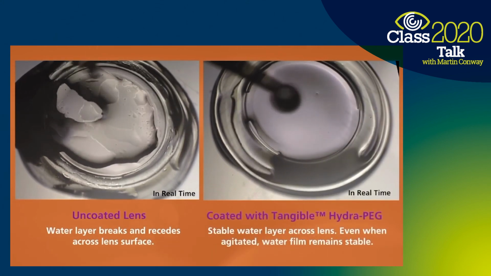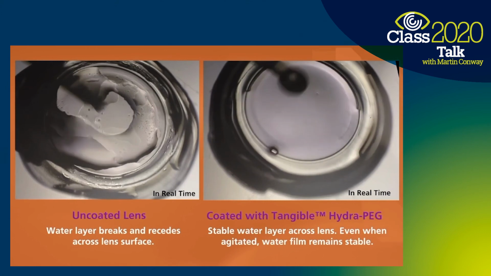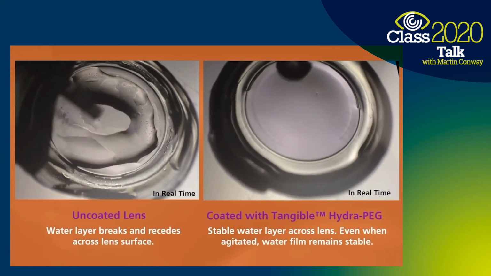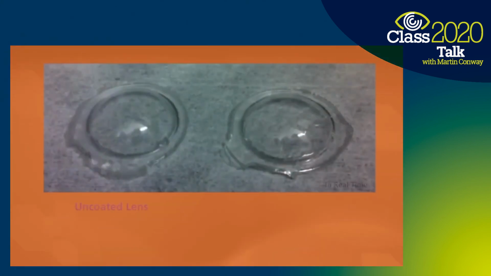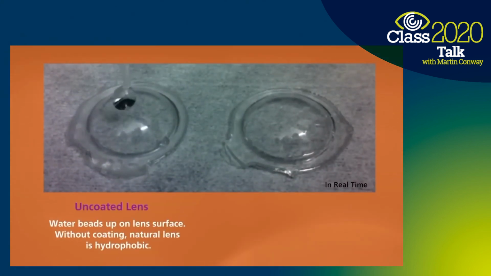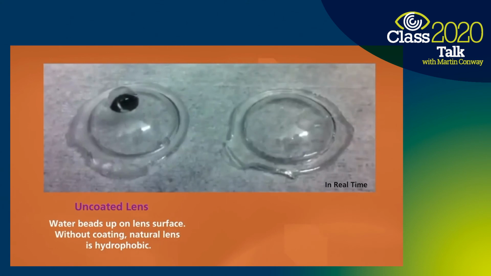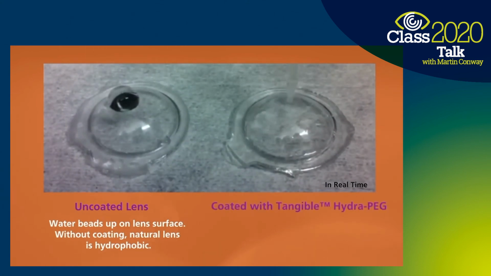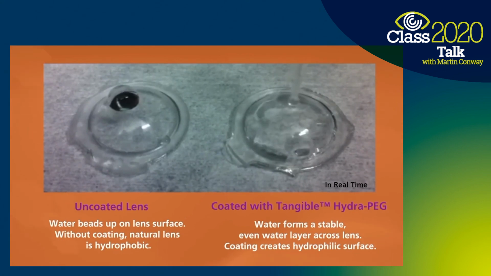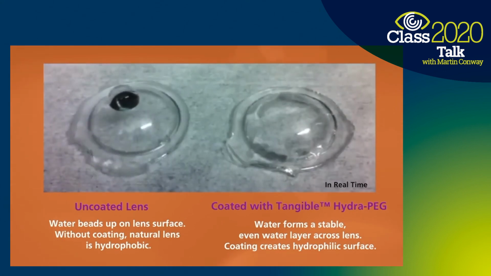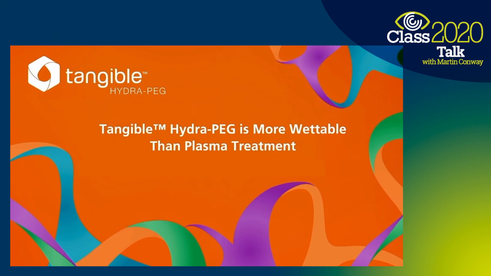Here we see an untreated lens on the left versus a treated lens on the right. If we now look at that most hydrophobic of materials, pure silicon, here we see a silicon lens on the left and a treated silicon lens on the right. Quite dramatic differences in the hydrophilic surface.